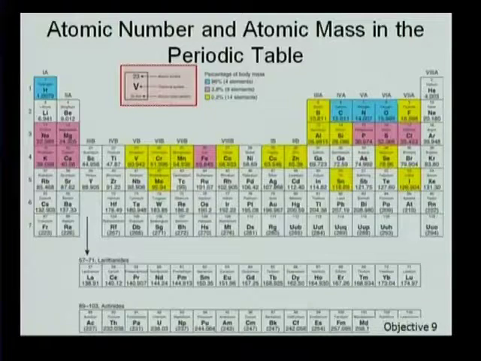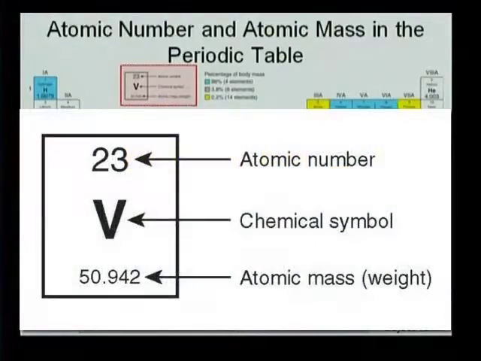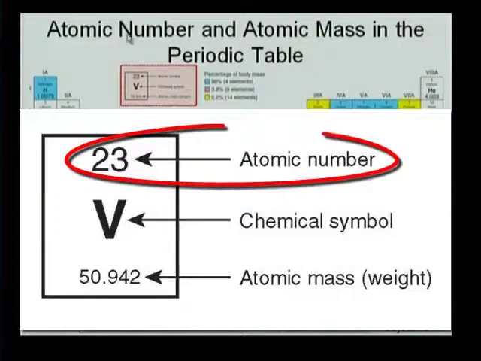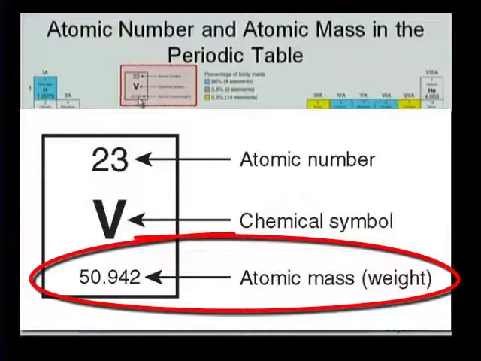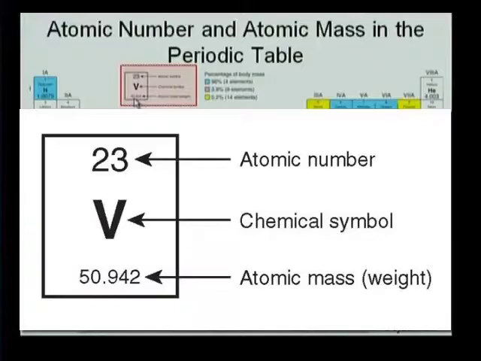And so the remainder, the other 28 atomic particles, must be neutrons that contribute a weight but not a charge. So this quantity that we define, the atomic number, is in the top center of each block of the periodic table. The symbol is dead center in each block of the periodic table. And then the atomic mass or weight is in the bottom number of the periodic table.